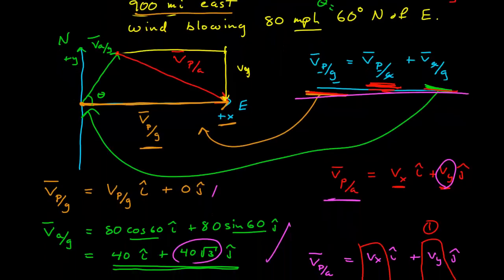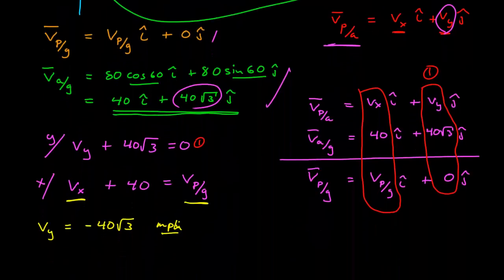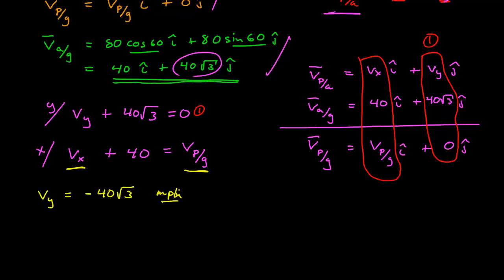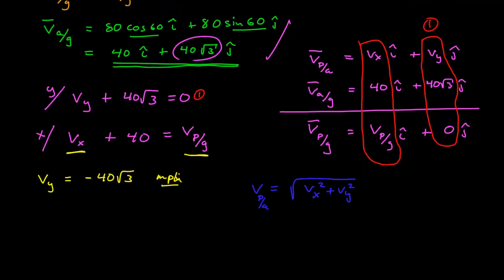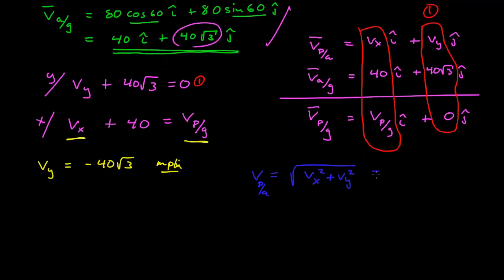The magnitude of the velocity vector of the plane relative to the air is 200. I know that the magnitude, and this is the plane relative to the air, is equal to the square root of the sum of the squares of the components, vx squared plus vy squared. And this is equal to 200.